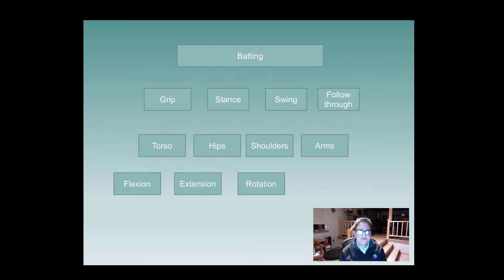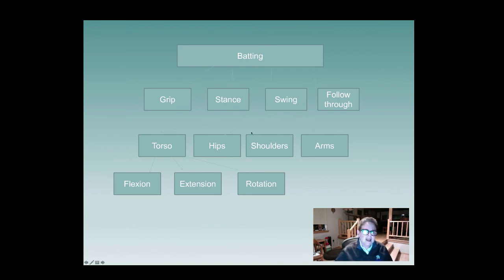Another example would be batting. You could see the grip, the stance, the swing, the follow through, but now you could also see that the swing can be further drilled down so that now you're looking at the movement of the torso, the hips, the shoulders, the arms, and then I could just take out the torso and see how I can drill down to the flexion, the extension, the rotation of the torso.